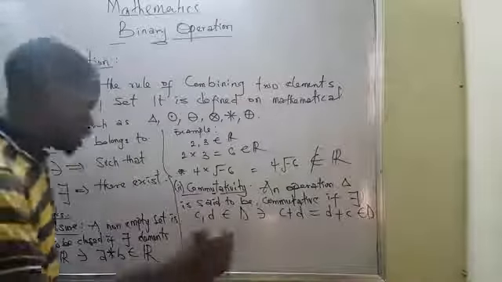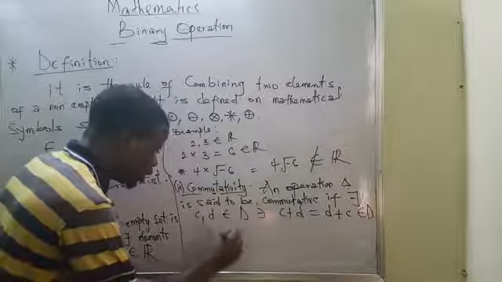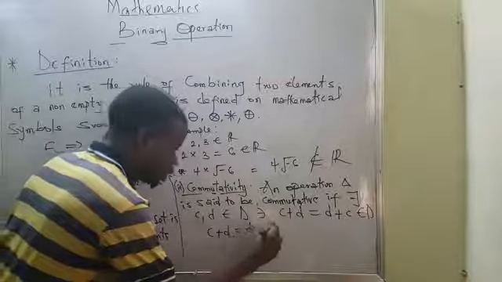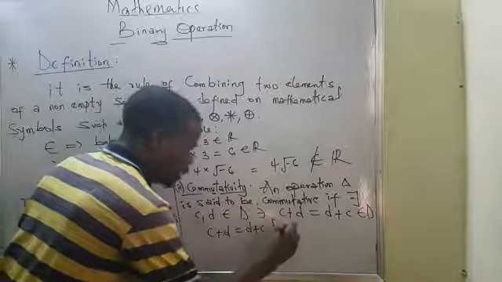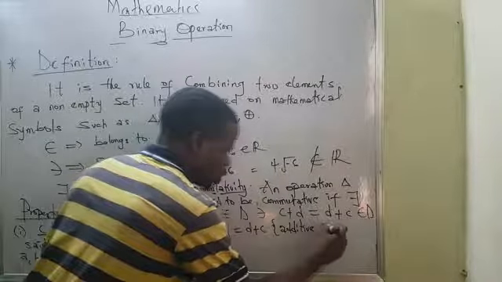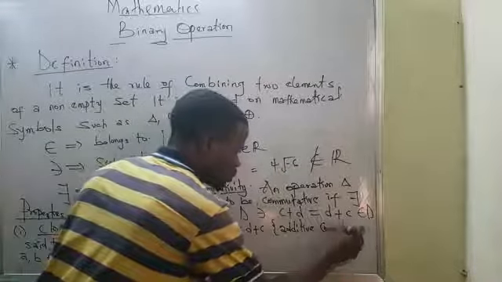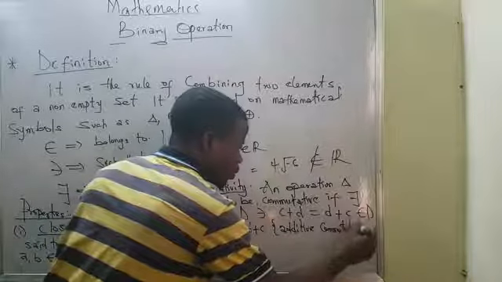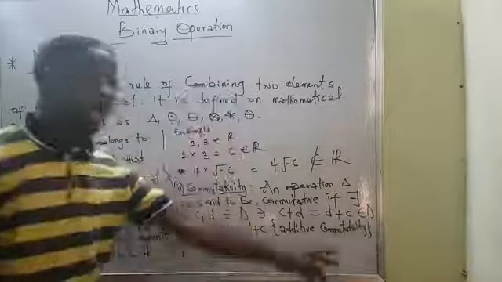What does that mean? Now, if I say C plus D is equals to D plus C, this is what we call additive commutativity.